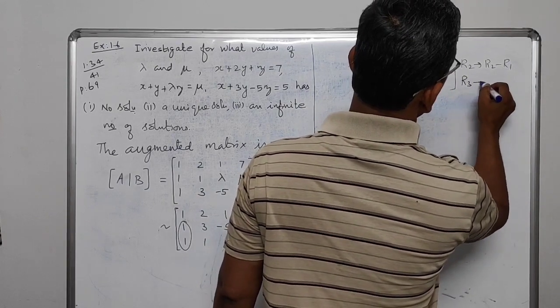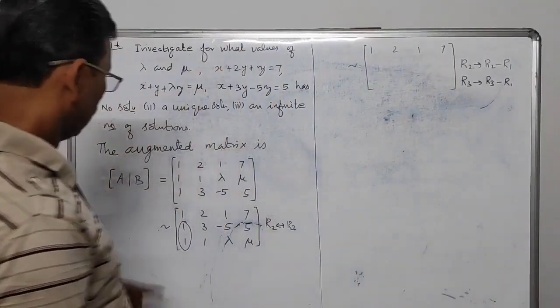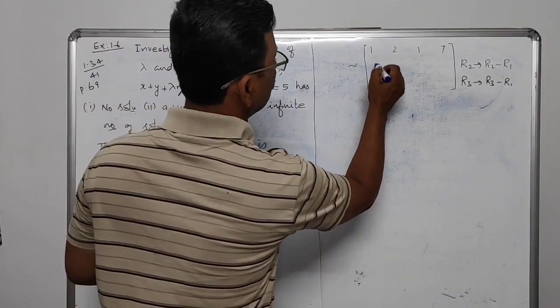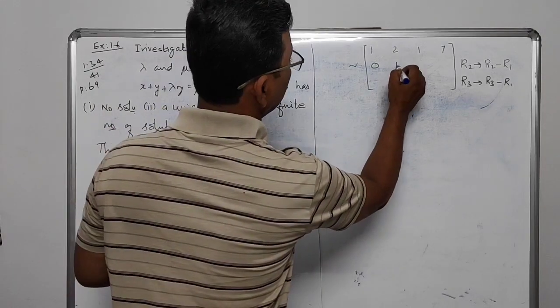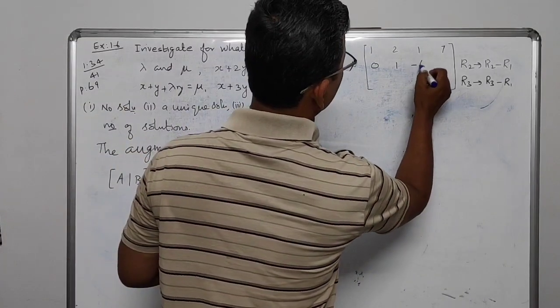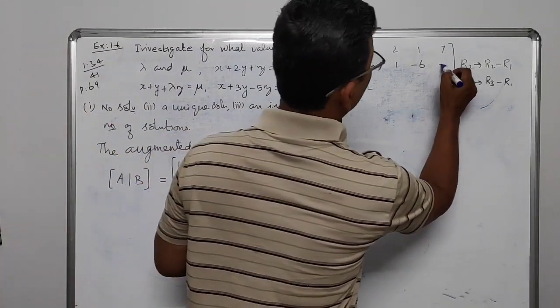Similarly, R3 gives R3 minus R1. Because all are equal to 1, you can write 1 minus 1 gives 0. Then 3 minus 2 gives 1. Then minus 5 minus 1 gives minus 6. Then here 5 minus 7 gives minus 2.